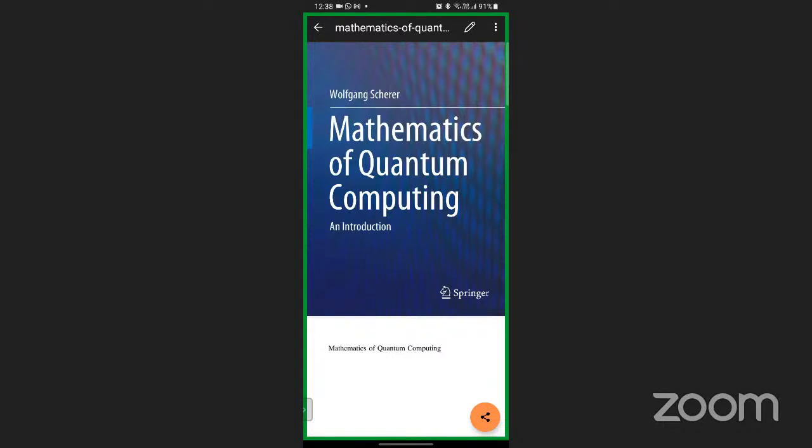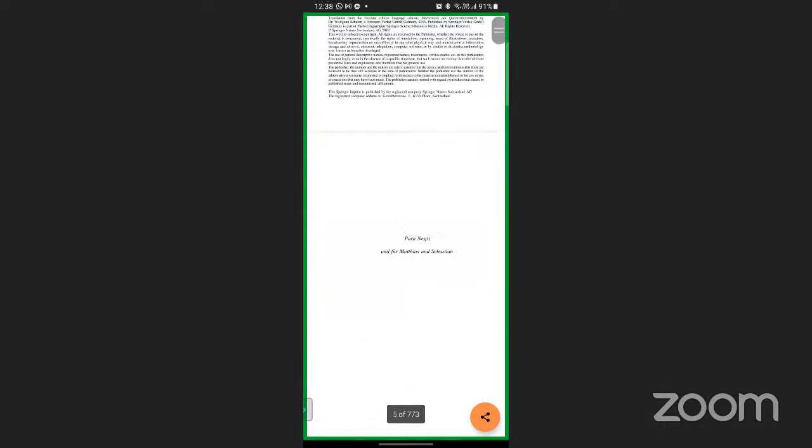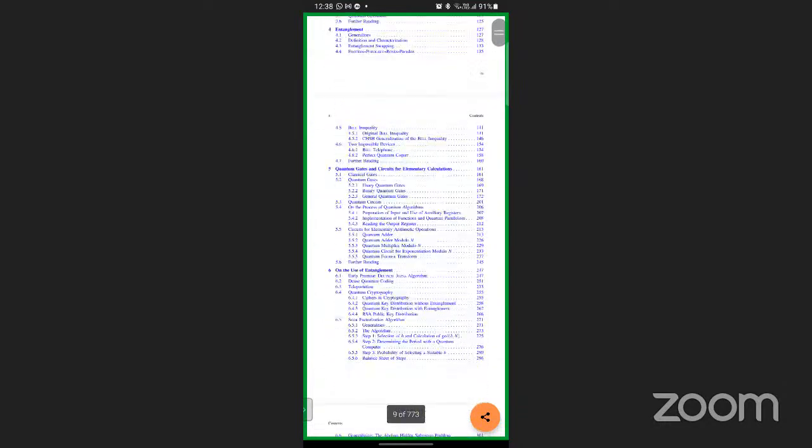If I go to page number 12 of this book, we have some notations and references. Oh, sorry, I'm moving my laptop. Okay, here it is.